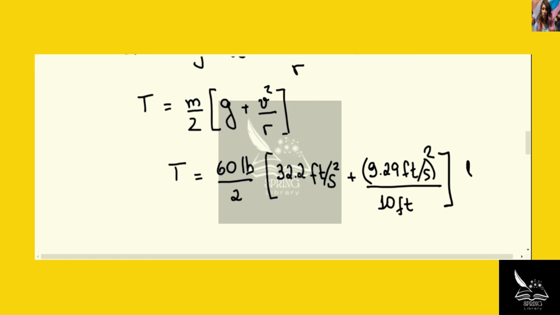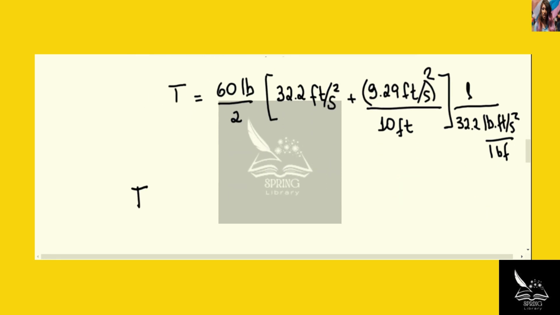And now I'm going to divide it by 32.2 pound feet per second squared per pound force. So T is equal to 38 pounds, 38 pound force, which concludes our exercise.